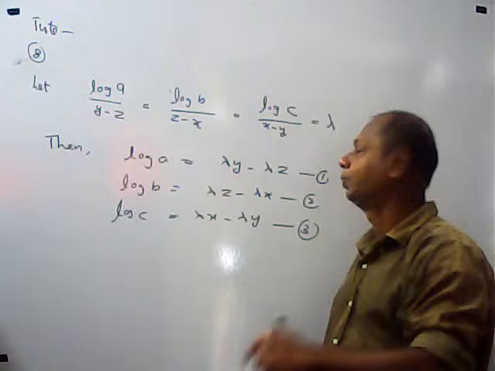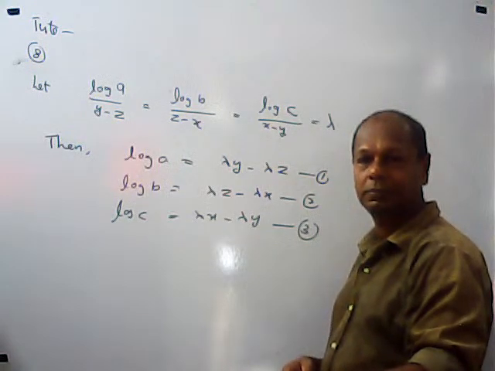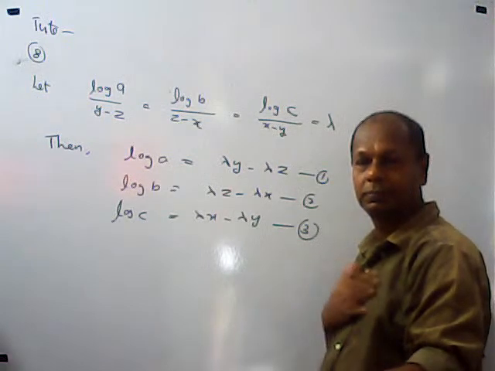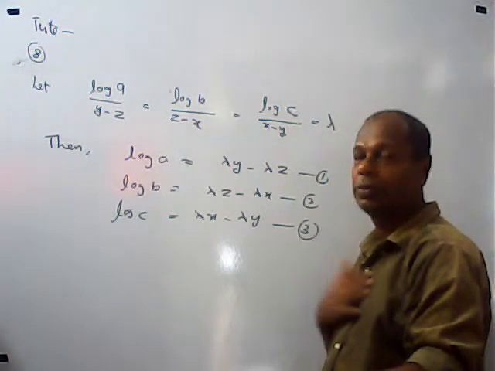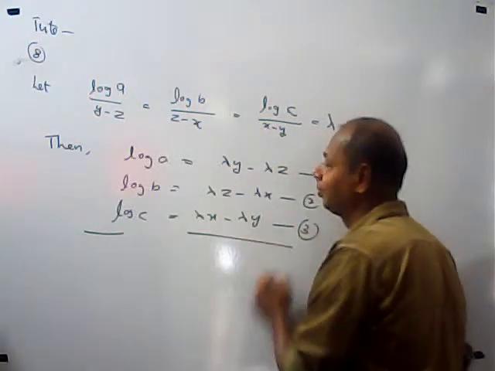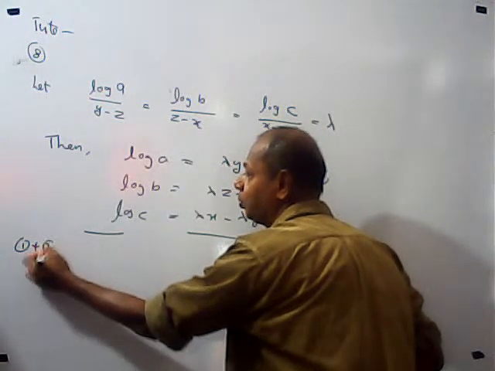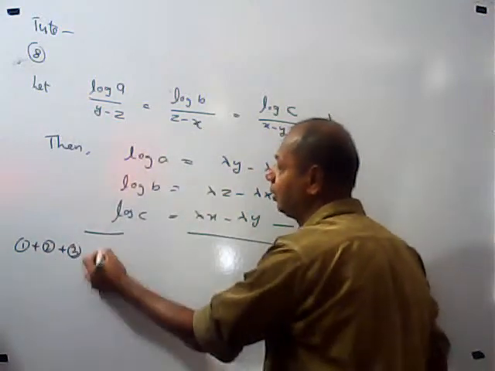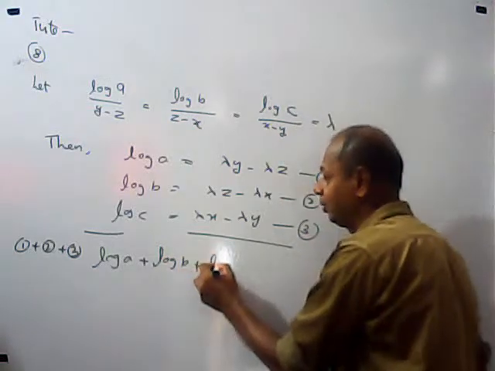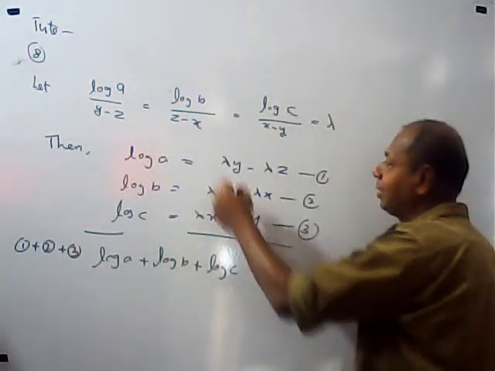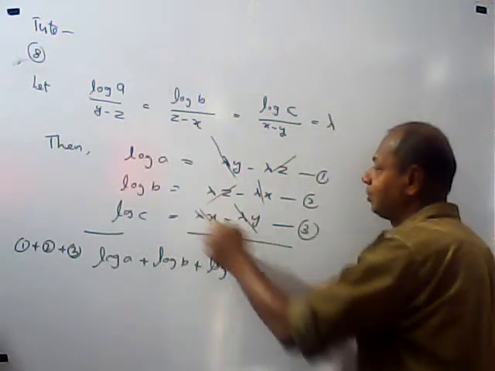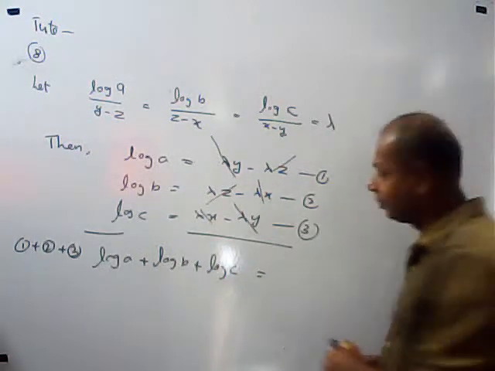And now what do we do? Just add them up on either side: 1 plus 2 plus 3. On the left you get log A plus log B plus log C. On the other side, this gets cancelled, this gets cancelled, so everything will get cancelled and give us 0.